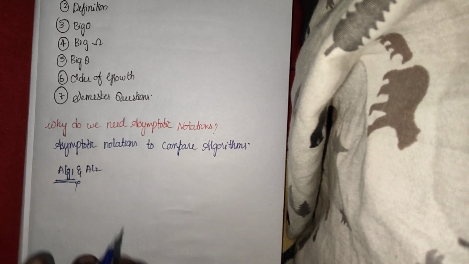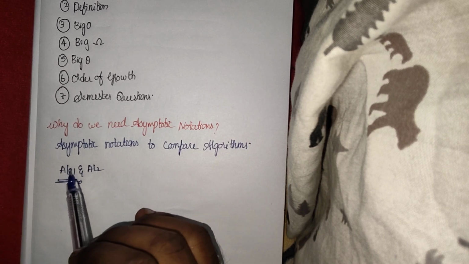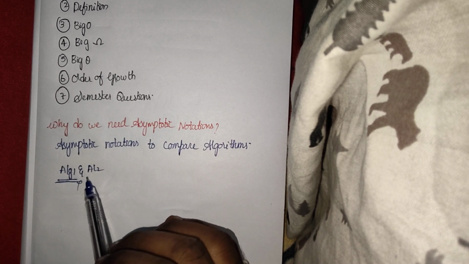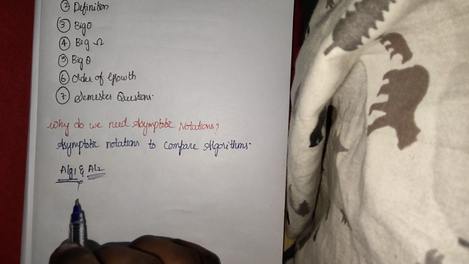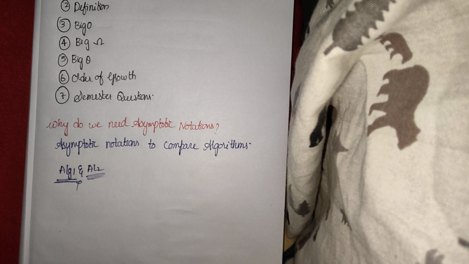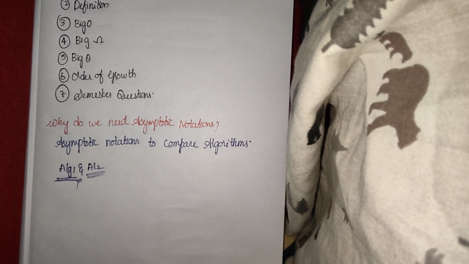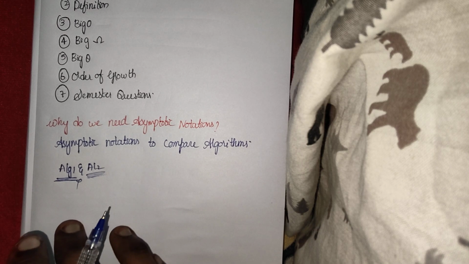No, because let us assume that algorithm 1 executes in 2 seconds on laptop A and algorithm 2 executes in 3 seconds on laptop B. Laptop A might have a faster processor than laptop B, therefore measuring time in seconds is not reliable. Instead we compare how the algorithm grows when the input size increases. That is why we use asymptotic notations.